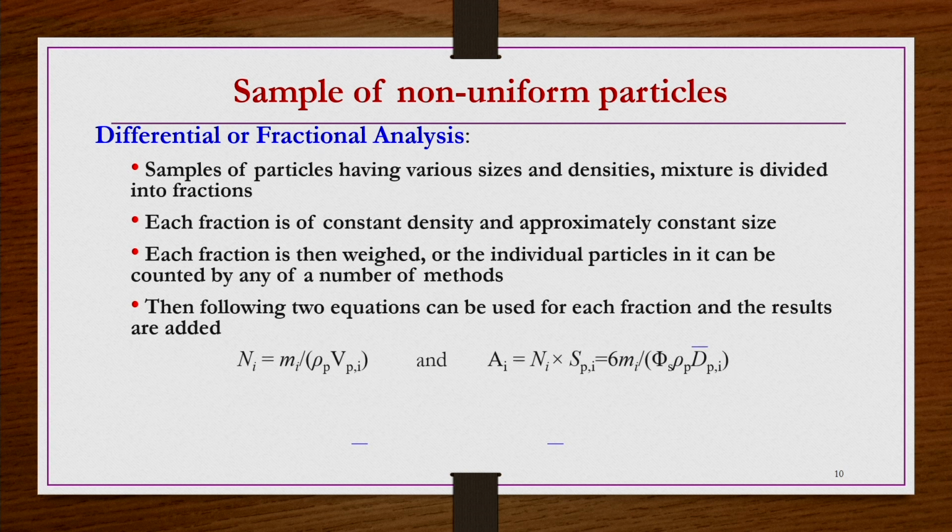What are these equations? Ni equals mi by rho p Vpi, exactly the same as for uniform mixtures. There we do not have this subscript i, which indicates the screen increments, right. i can be 1 to 20 if you have 20 screens, i can be 1 to 10 if you have 10 screen increments within the stack where you have done the fractionation of this sample into individual fractions, right.